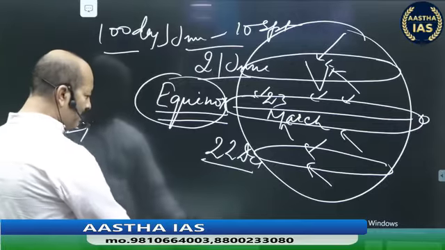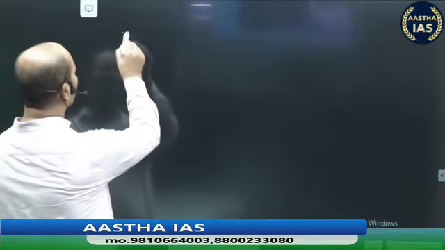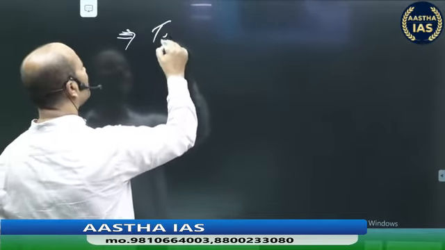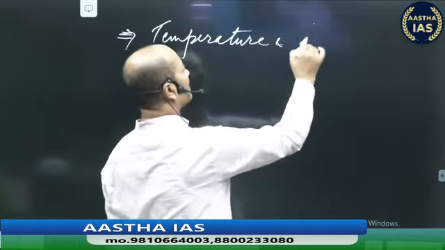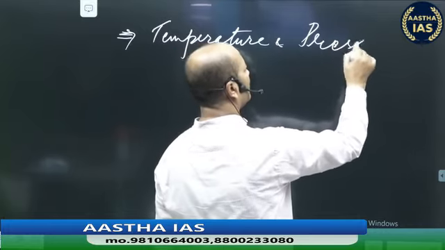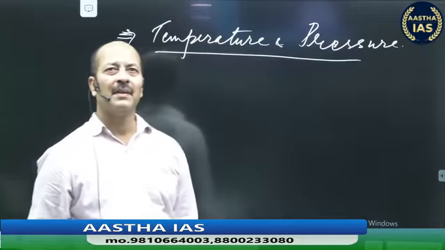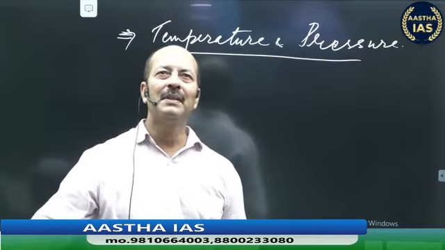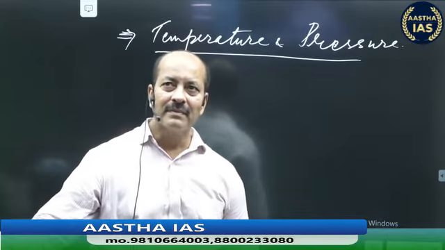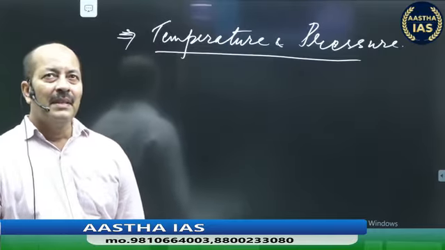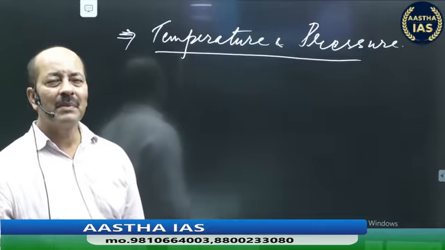Now we can go for the next discussion area and next topic, factors. You write temperature and pressure. So you write there the second factor for the Indian monsoon, that is temperature and pressure. As I told you, there is a relationship between temperature and pressure.